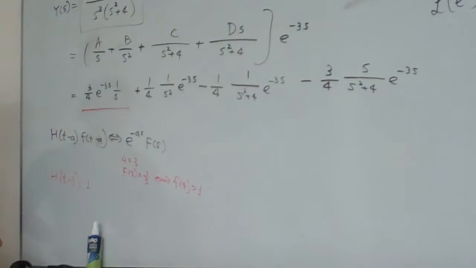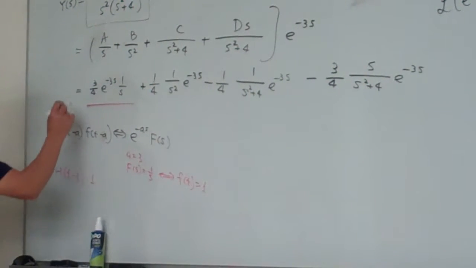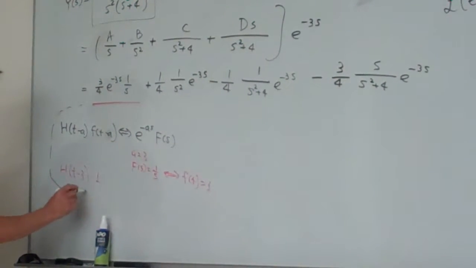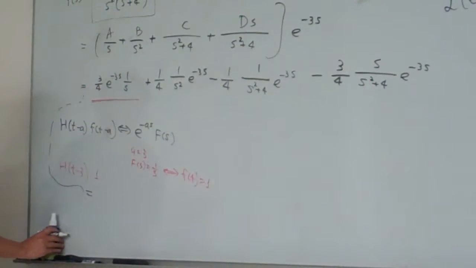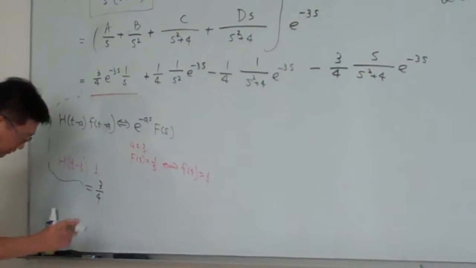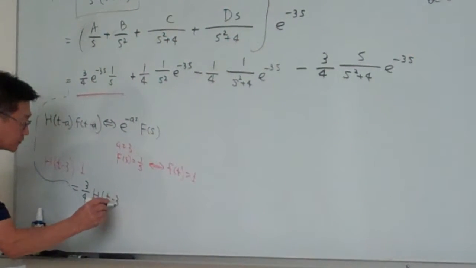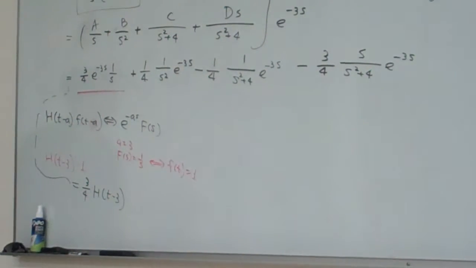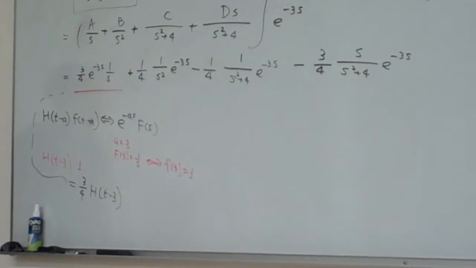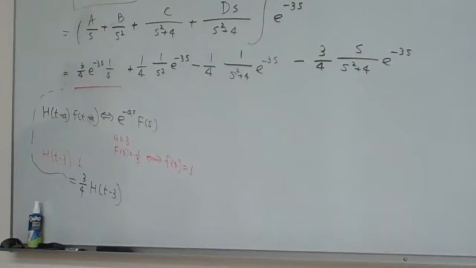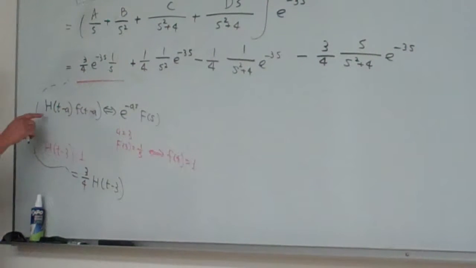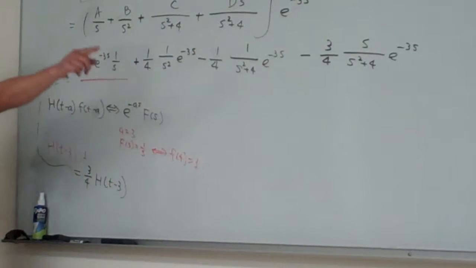So therefore this term, let me write it out, is equal to 3/4 and h(t minus 3). Are we okay? Again, here I write it out, this is the theory.